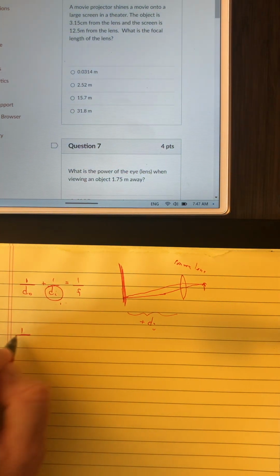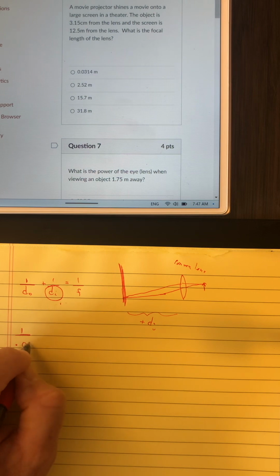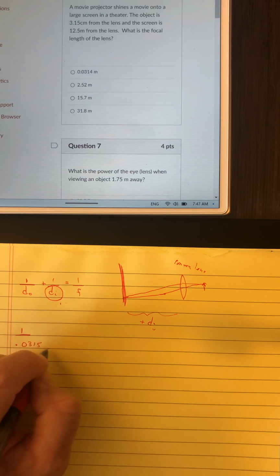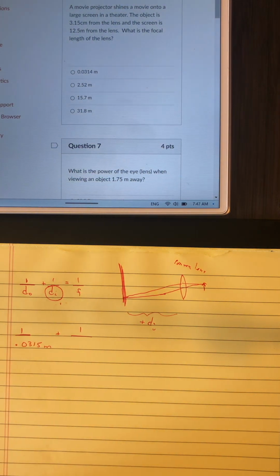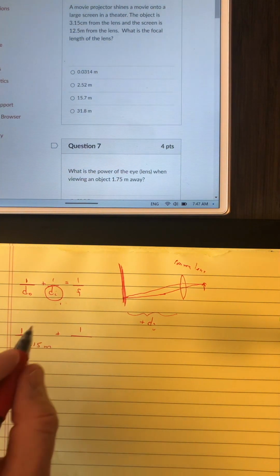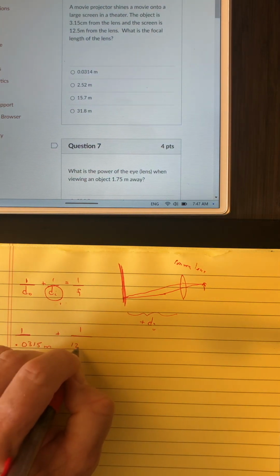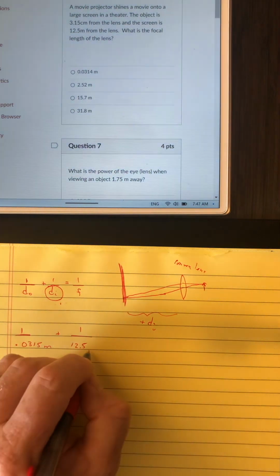Okay, so our object, and here's where I want to be careful with my units, it says it's 3.15 centimeters. And so I'm going to put that in as meters. And then my image distance, now that's what is projected up on the screen.